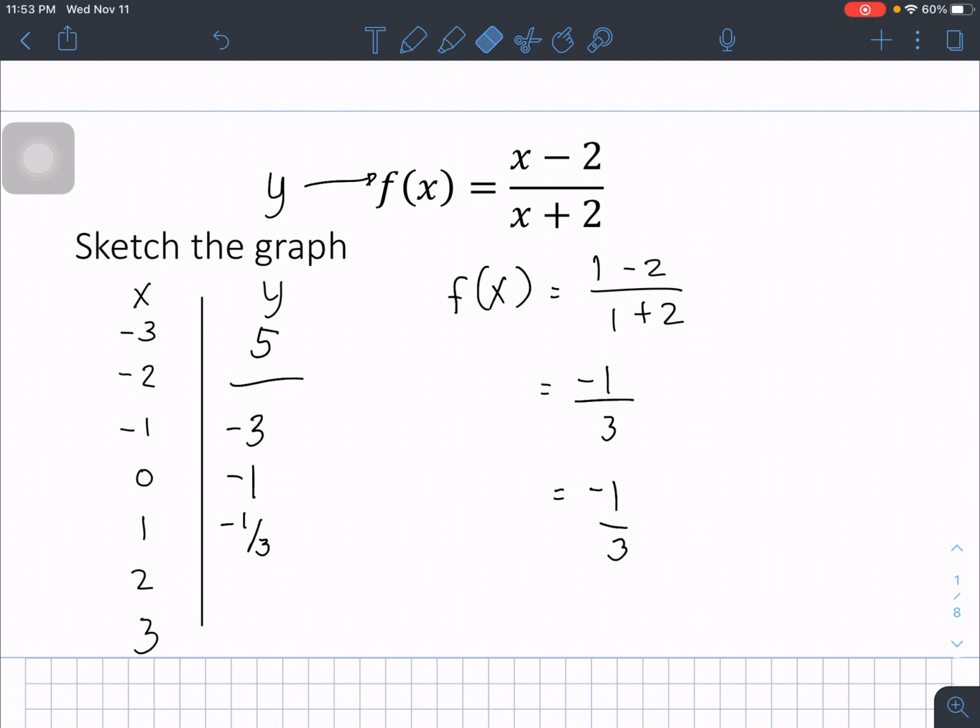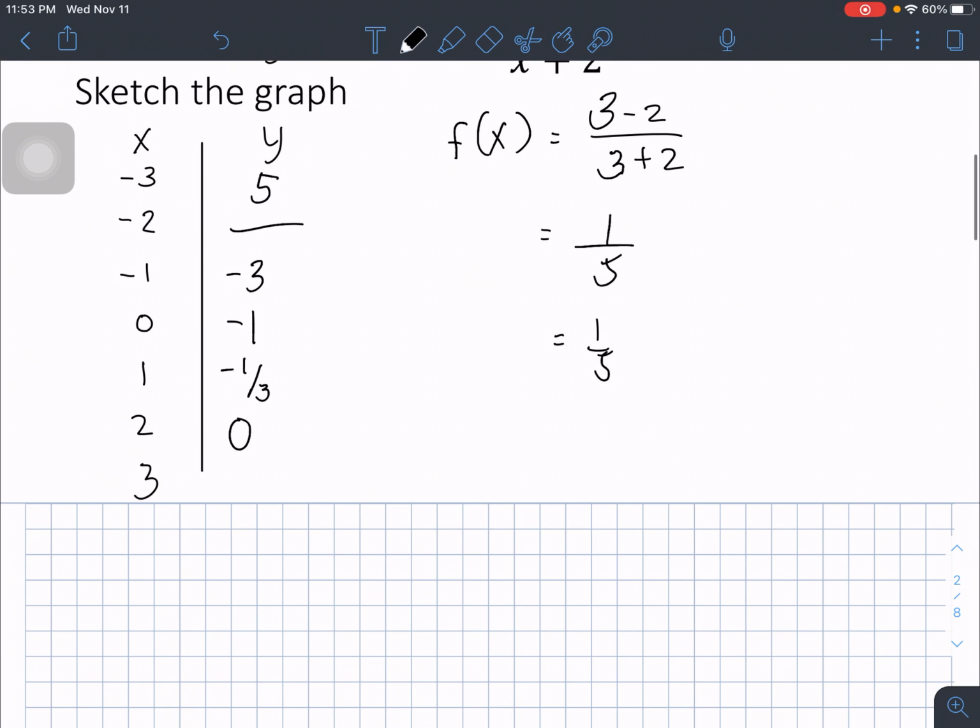Okay, so if x is equal to 2, this will be 2 and 2. 2 minus 2 will be 0, so this will be 0 over 4. This will be 0. And if x is equal to 3, this will be 1 over 5. So this will be 1/5.